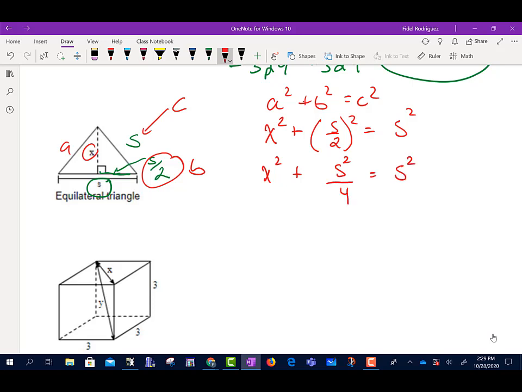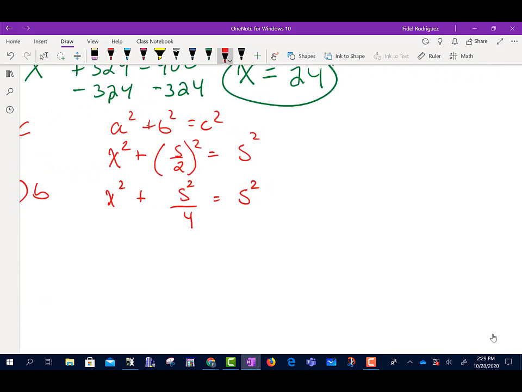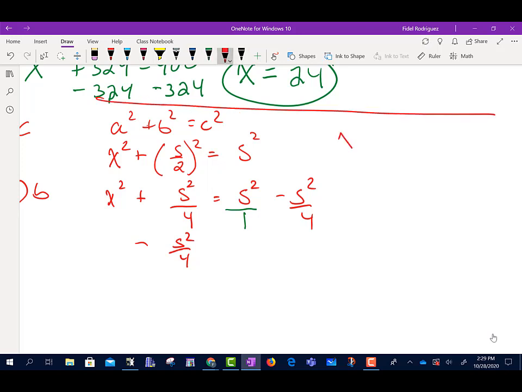equals s squared. So now I'm going to move this s squared over 4 on both sides. And I'm going to think of this piece here, guys, as a fraction. I'm going to think about it right now over 1. So I'm going to have x squared is equal to, now in order for me to get these two guys together, we need a common denominator.